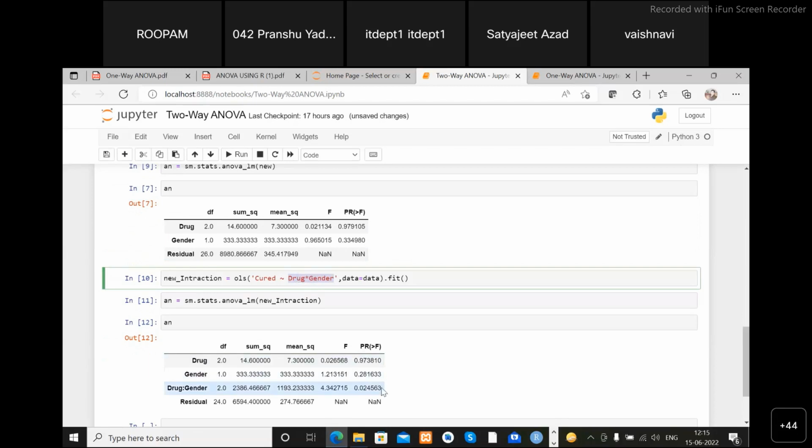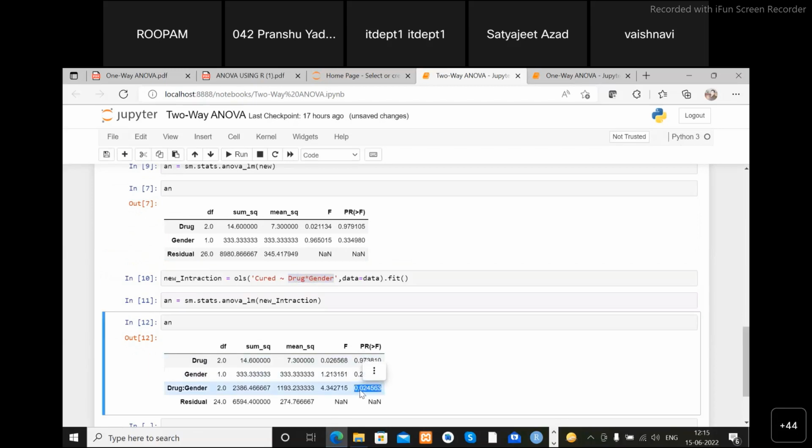If you see the last one, it's less than 0.05. It means it is significant. It means there is an effect of some drug on some particular gender. So this ANOVA is giving you some clue about the causal effect of drug and of some particular gender on cured.